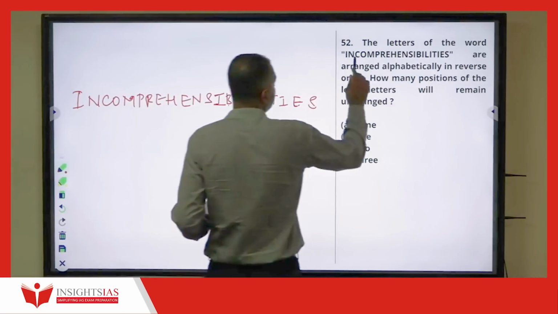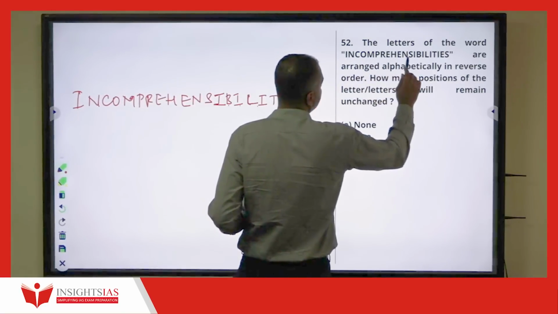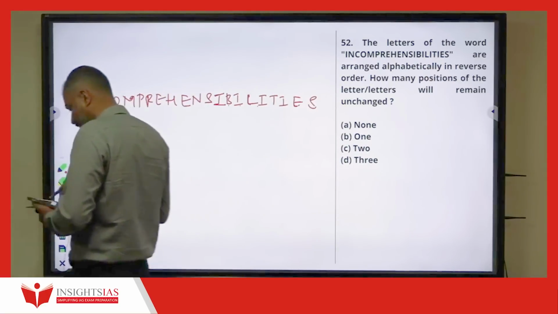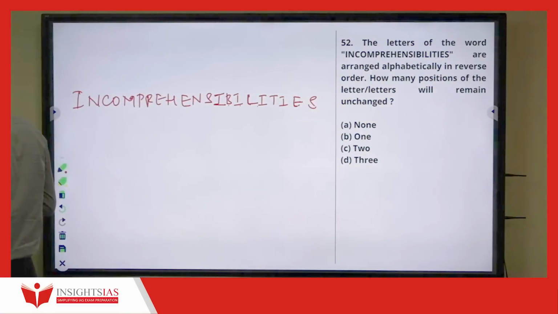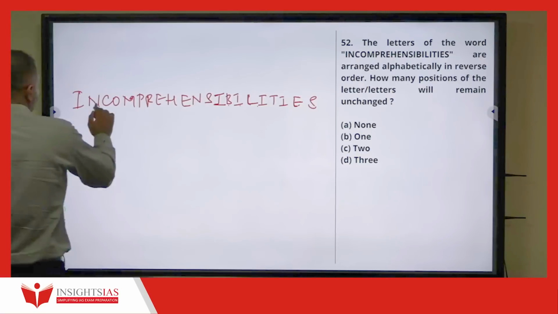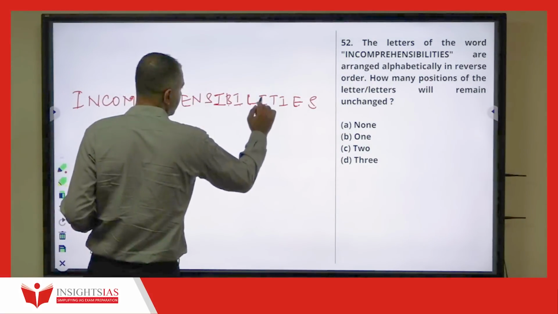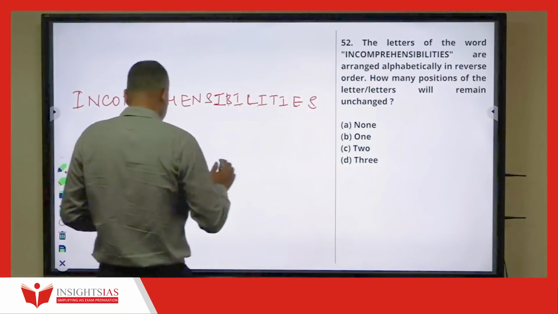How many letters are we having? 1, 2, 3, up to 21.